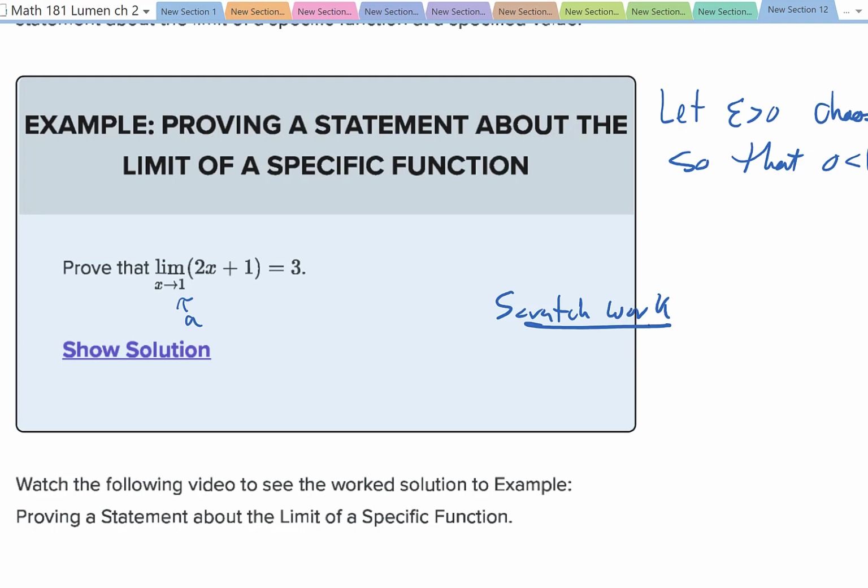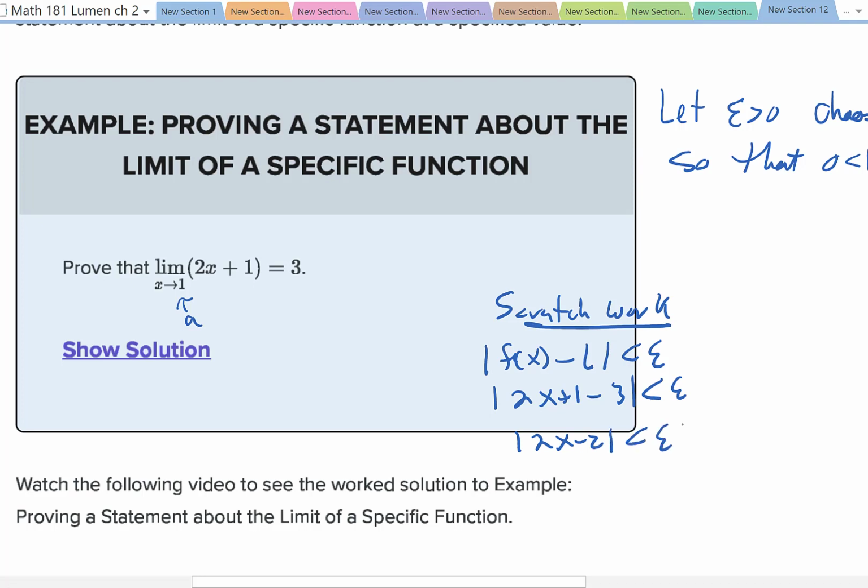Well, think about our absolute value of f of x minus L being less than epsilon. This f of x would be our 2x plus 1 minus, and our L is 3, less than epsilon. So that's the absolute value of 2x minus 2 is less than epsilon.